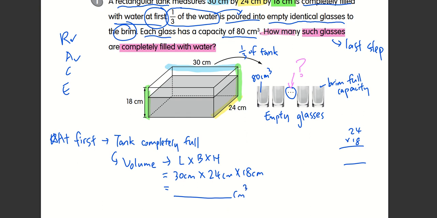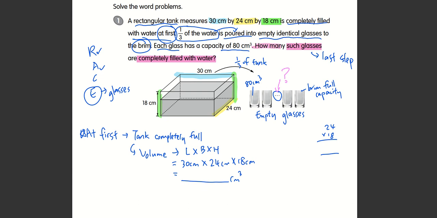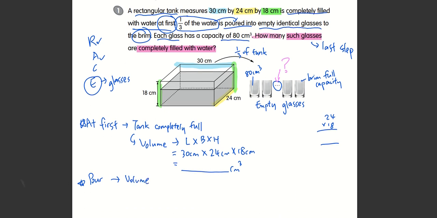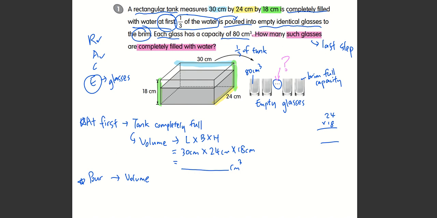Here it says how many such glasses. So for the last part you should be checking the units, it's talking about glasses. Okay, how many of such glasses? The next step is you are taking 1/3 of the water. So the next step is the pouring action. That will be 1/3 of the volume poured into the glasses, that's 1/3 of the answer here.